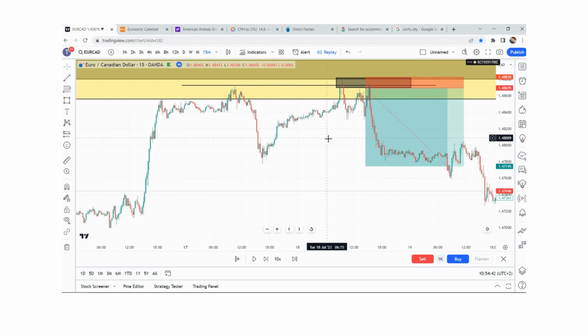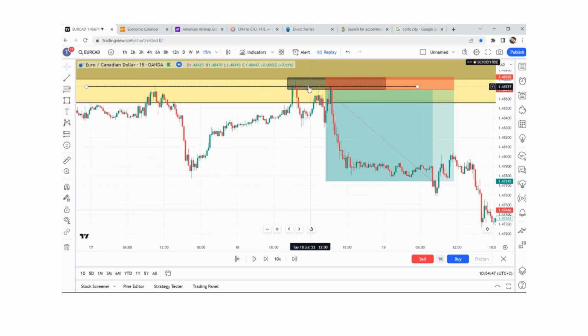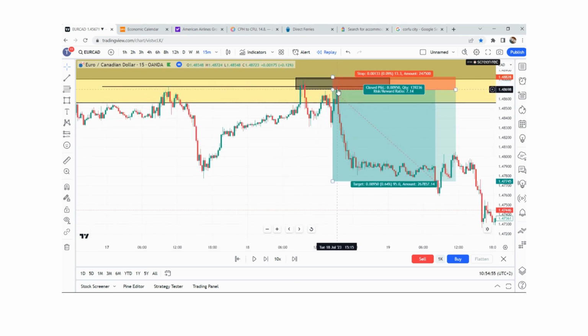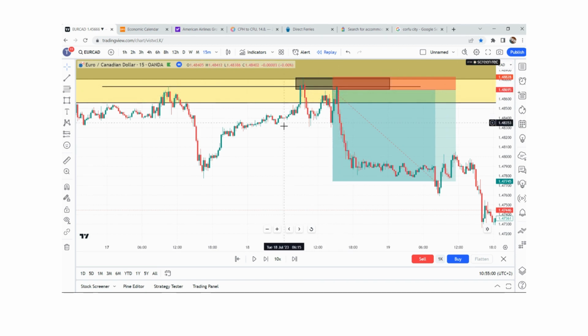So this is the 15-minute supply I took and our entry, and as you can see, before price tapped into the 15 minute supply zone here, what it did right here, it didn't even reach the 15 minute supply zone here, and it dropped very quickly.